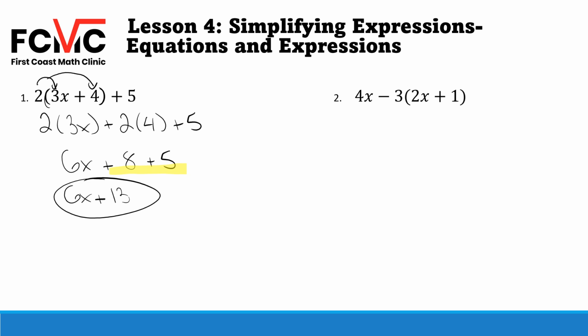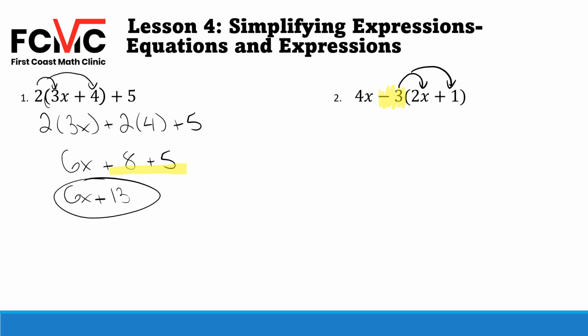Number 2, we've got 4x minus 3 times the quantity 2x plus 1. So we're going to distribute the minus 3, right? We've got to keep that sign with the 3 and distribute that inside the parentheses.